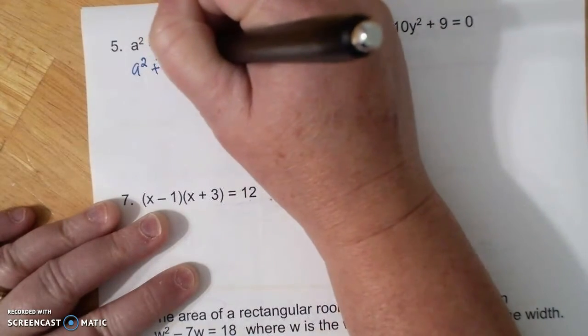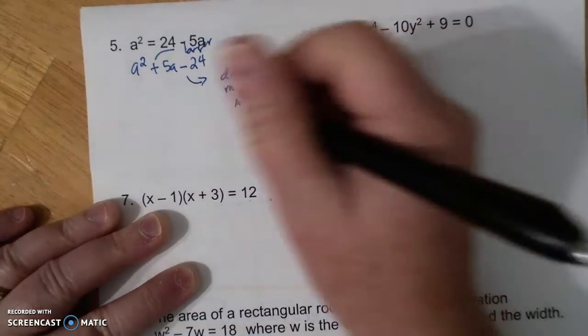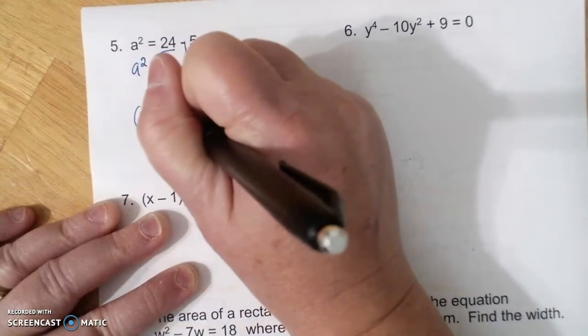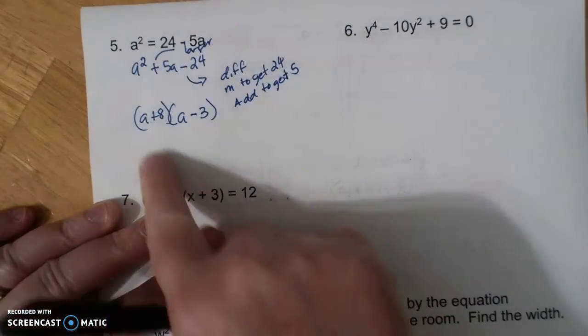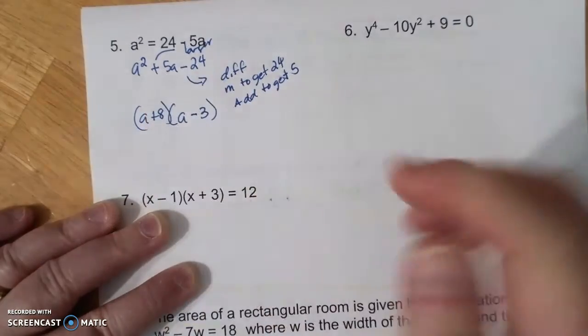That's the sign of the larger. That means when I go through my factoring, I have a plus 8 and a minus 3, because a positive 8 and a minus 3 gives me the positive 5.